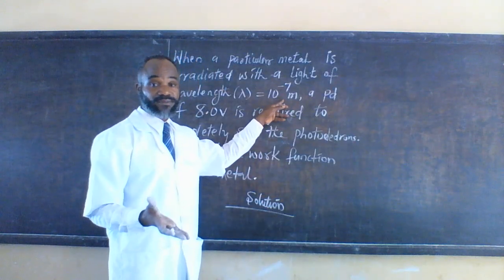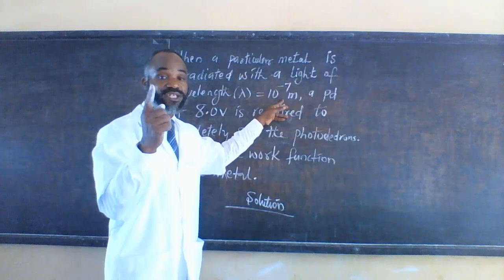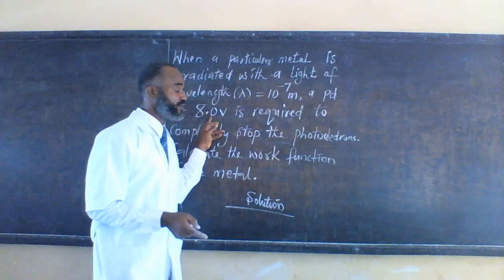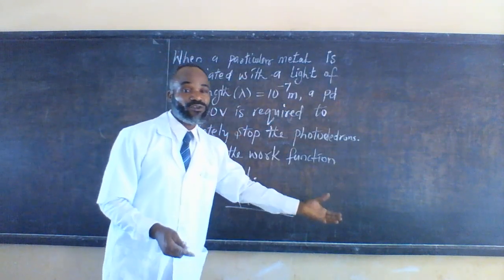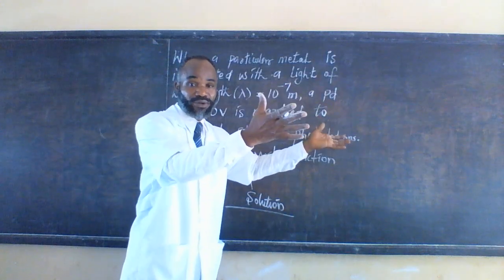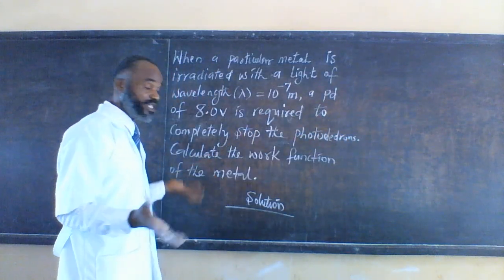That's what it means. But we need a potential difference of 8 volts to completely stop the photoelectrons from being emitted anymore. So that's what this means.